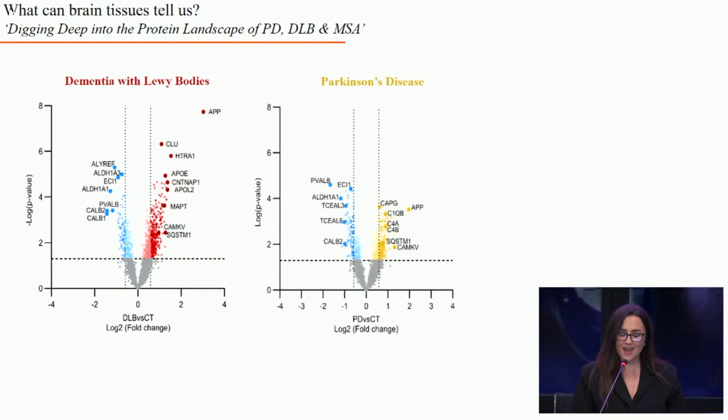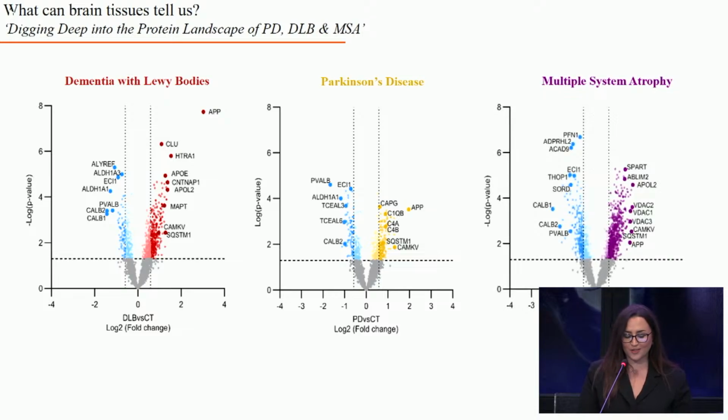We did the same thing again with our Parkinson's disease tissues. We can see again significantly up and down regulated proteins when we compare them to controls. However, straight away we can see there are some similarities to the DLB patients, but also some differences already emerging.